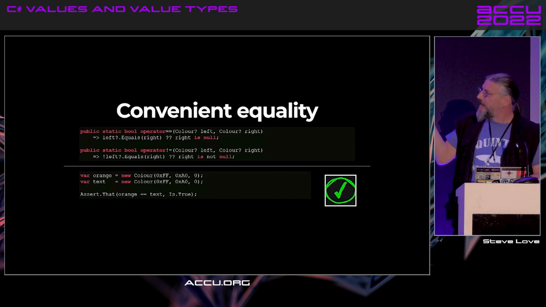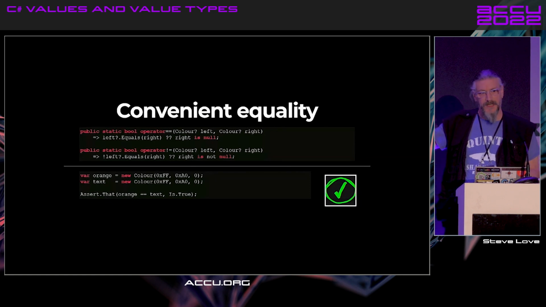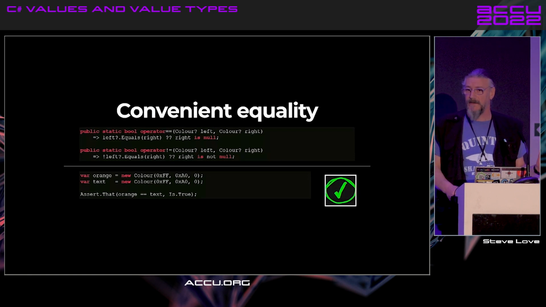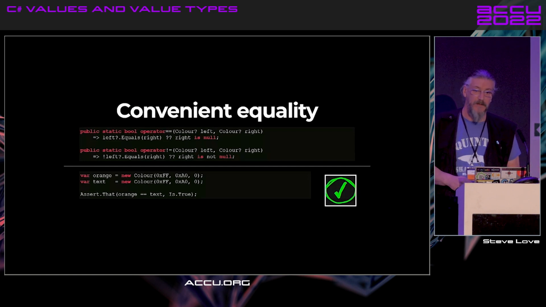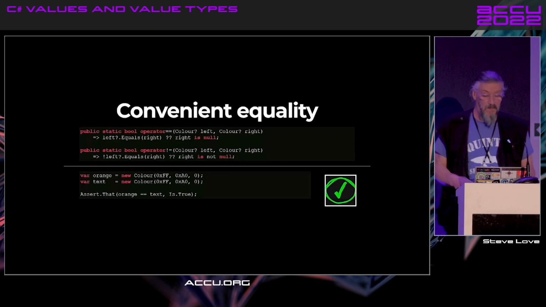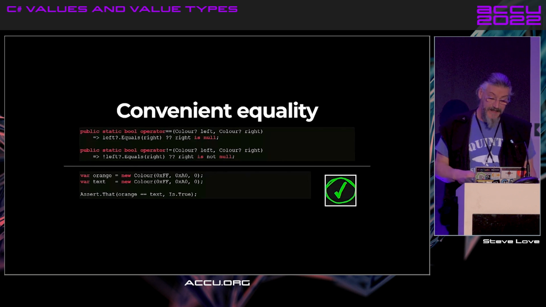And in particular, the implementation of equals equals and not equals in this case would be much simpler because they can't be null. So it just becomes return left dot equals right. So it's much simpler for structs. So that's one reason why structs might be a good choice for implementing your value types rather than jumping through all the hoops to implement them as a class. But there are other metrics to consider.